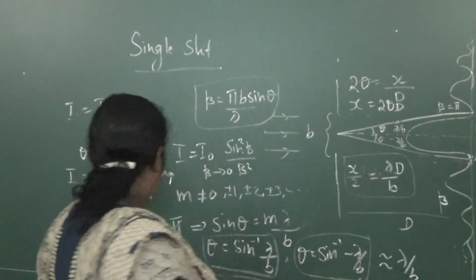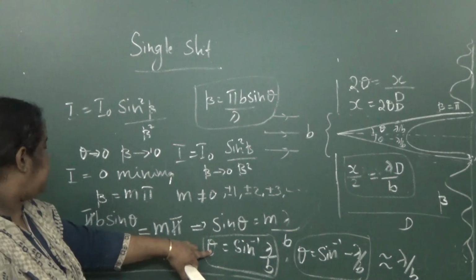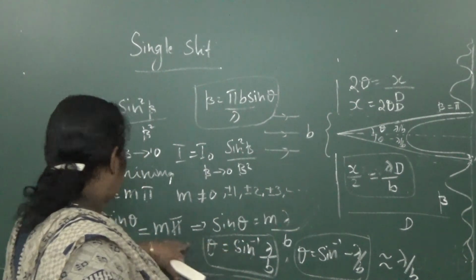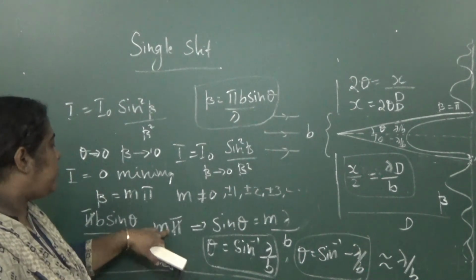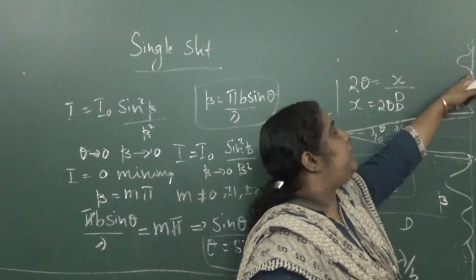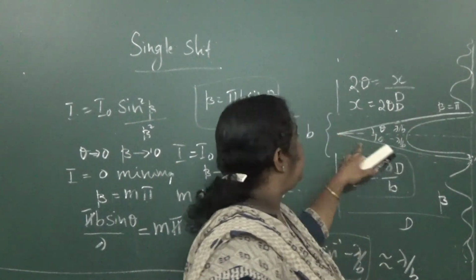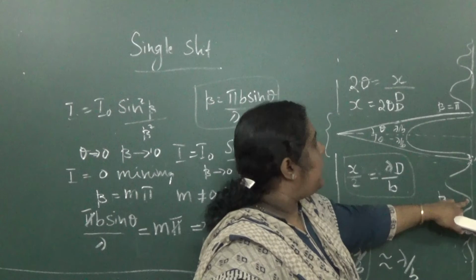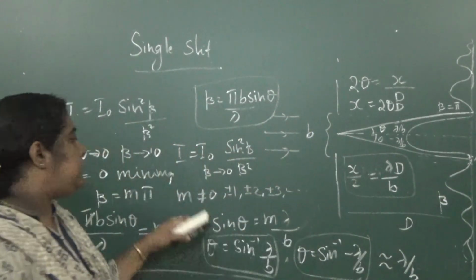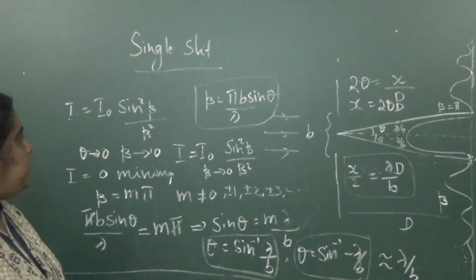Then where should the next minima be? Now we give m is equal to 2, then you will get 2 lambda by b here, and here also you have to take 2 lambda by b. Similarly, you can find the different maxima and minima.